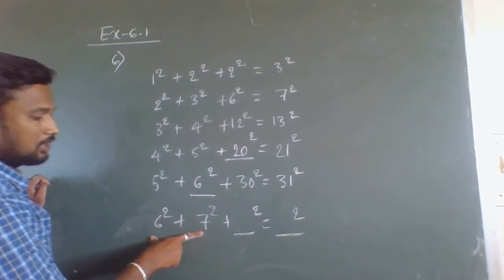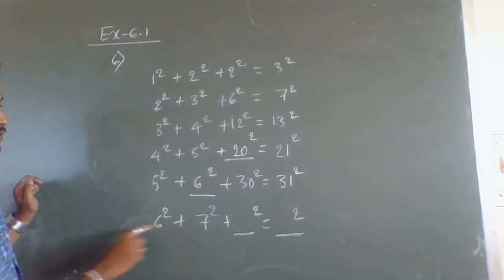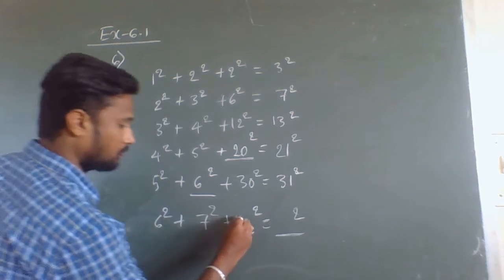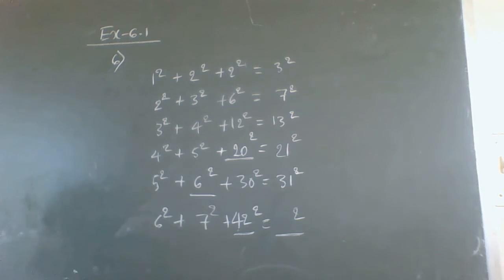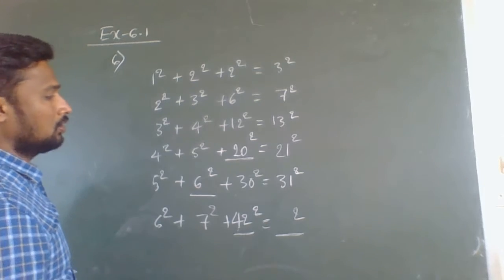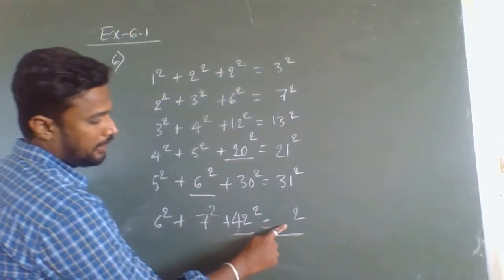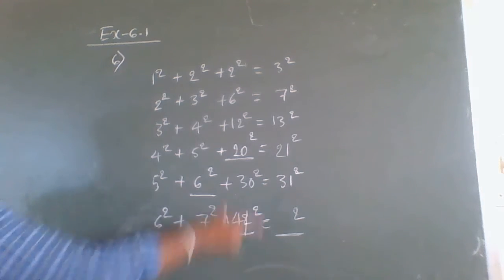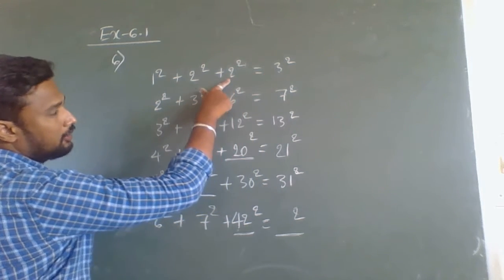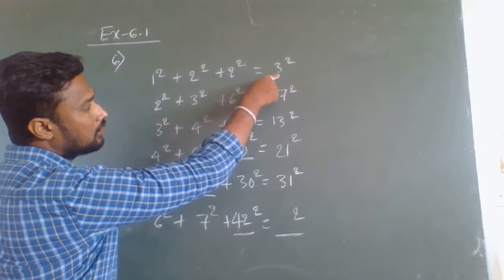Now 6 into 7, what do you get? 42. Now we have to write the answer for this value also. You can check here for the next step. Here if it is 2, we got 3.